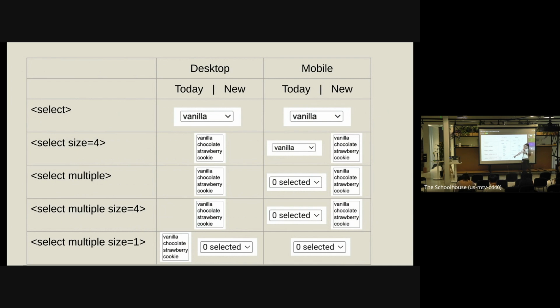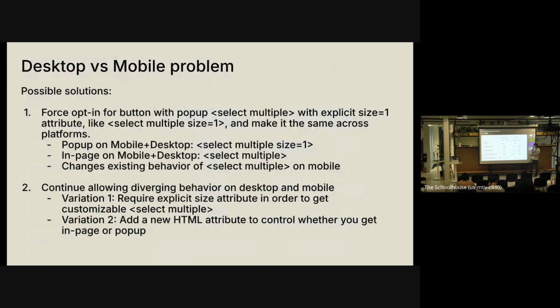Likewise on desktop, today we only get this in-page thing. We can only have a button and a pop-up if it's a single select. And I think that we should get the button and the pop-up with multiple if you specify size equals 1 on desktop, and that way we can have the same thing on mobile and desktop. Going back to that, that's just me drawing out solution 1.